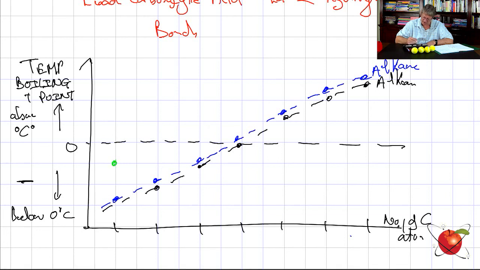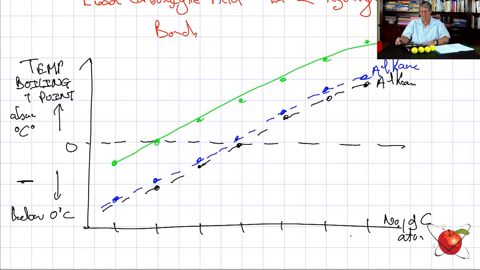Remember, you can have an aldehyde with 1, 2, 3, 4, 5, 6, 7 carbons. So I can have that there, which is the aldehyde. The next one up is going to be the ketones, and they are very similar.